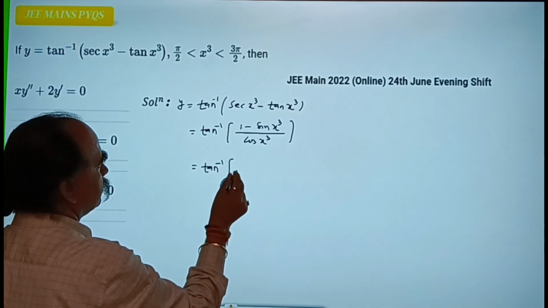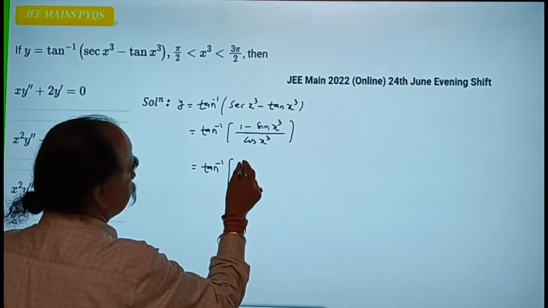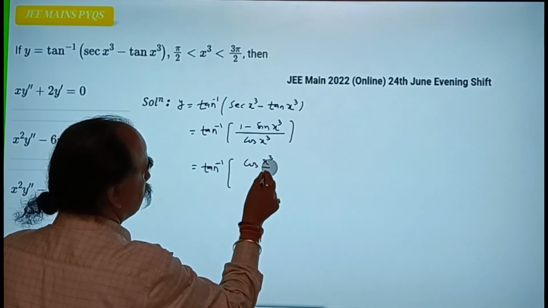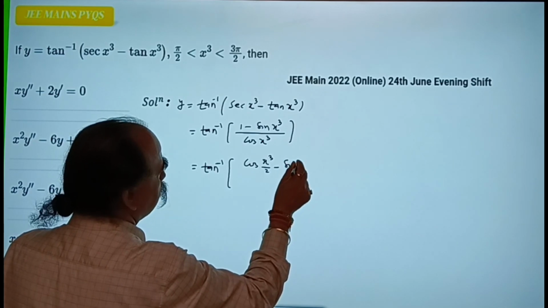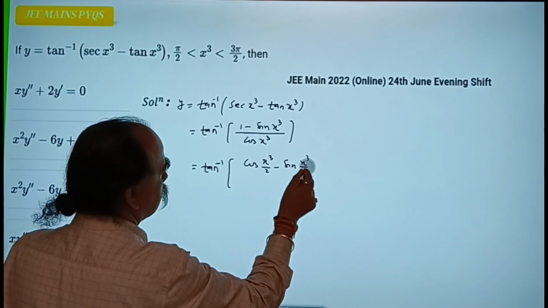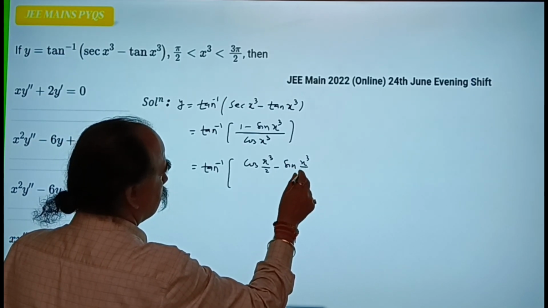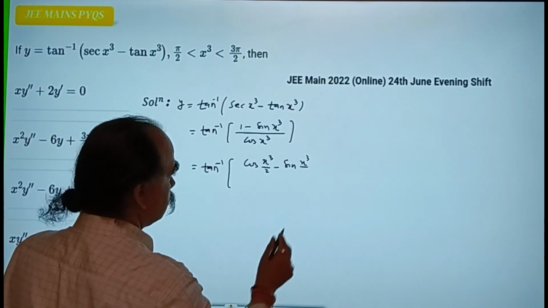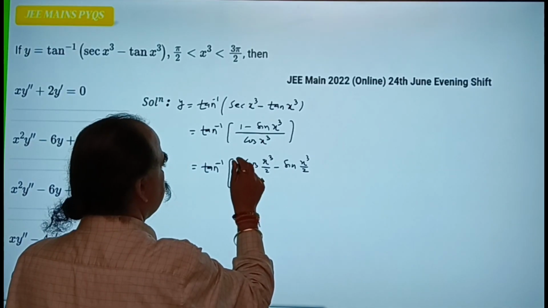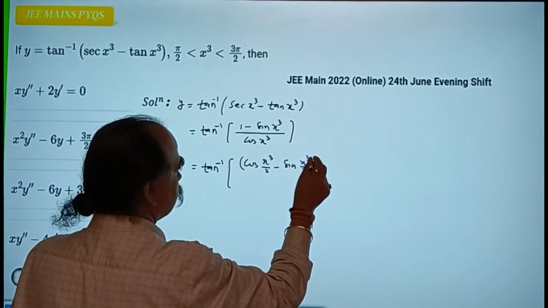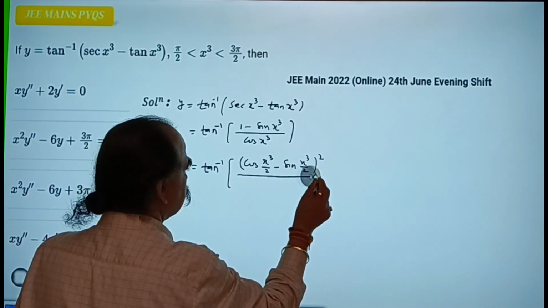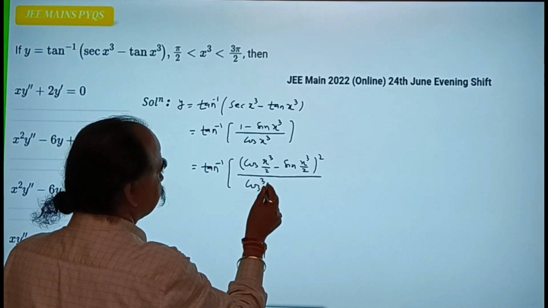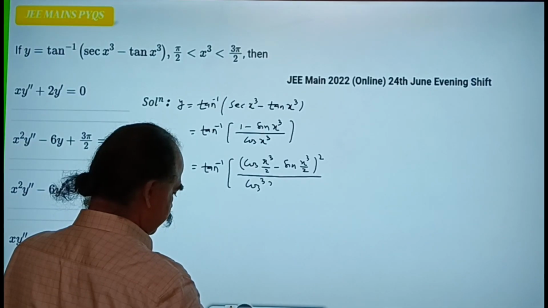Tan inverse of (cos x cube by 2 minus sin x cube by 2) the whole square upon cos cube x by 2, cos square x by 2.